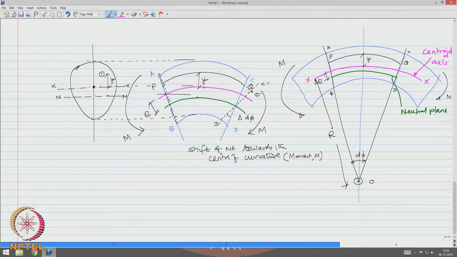We call this distance hi, where i stands for intrados, and this distance ho, where o stands for outer or extrados.